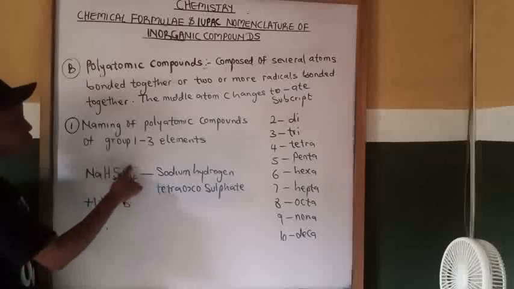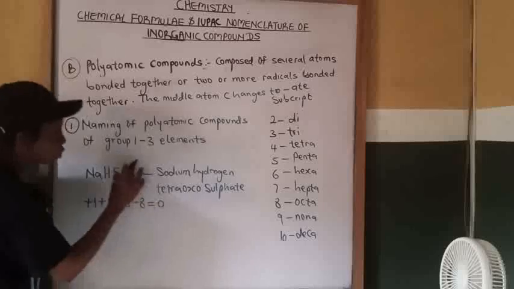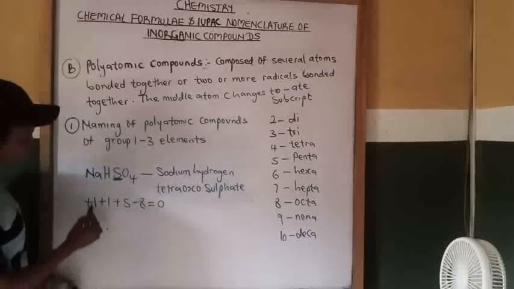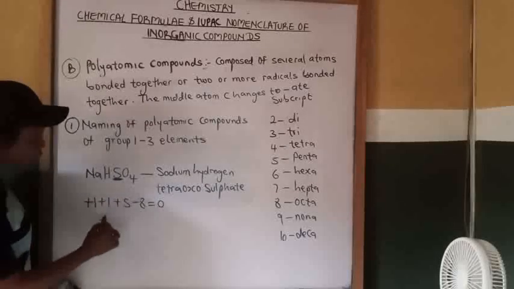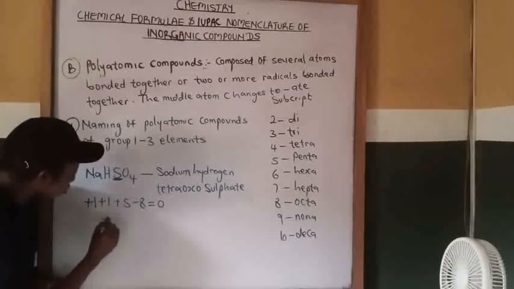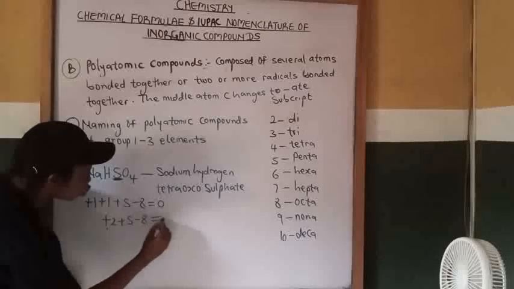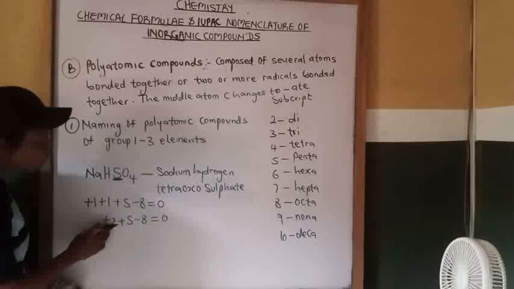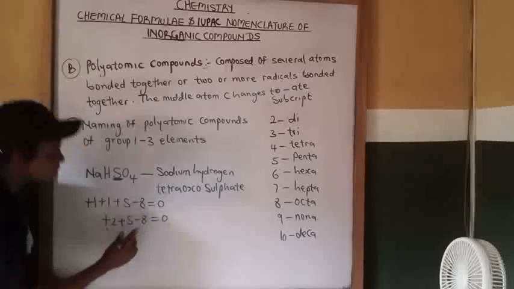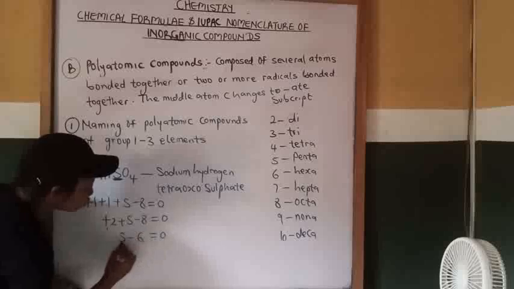Minus 2 times 4 will give us -8, equal to 0. +1 plus 1 will give us +2, plus S minus 8 equal to 0. So +2 minus 8 will give us -6 equal to 0.